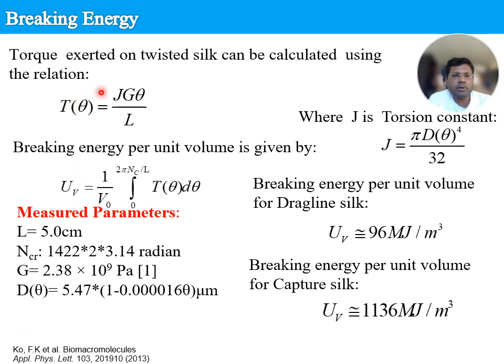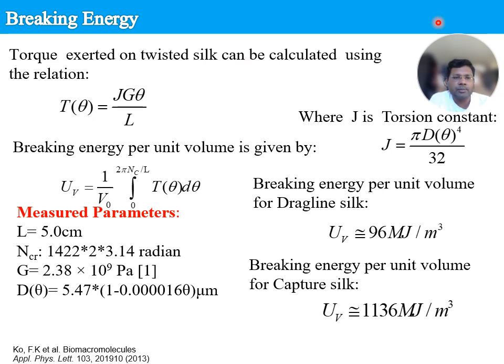The above measurements of torsional rupture limit and transverse compression allow us to estimate the maximum potential energy density stored in the silk. Assuming that the silk fiber is a homogeneous cylinder with shear modulus G, the torque exerted by the twisted silk is given by this relation, where J is the torsional constant, G is the shear modulus, theta is the twist angle, and L is the length of the fiber.